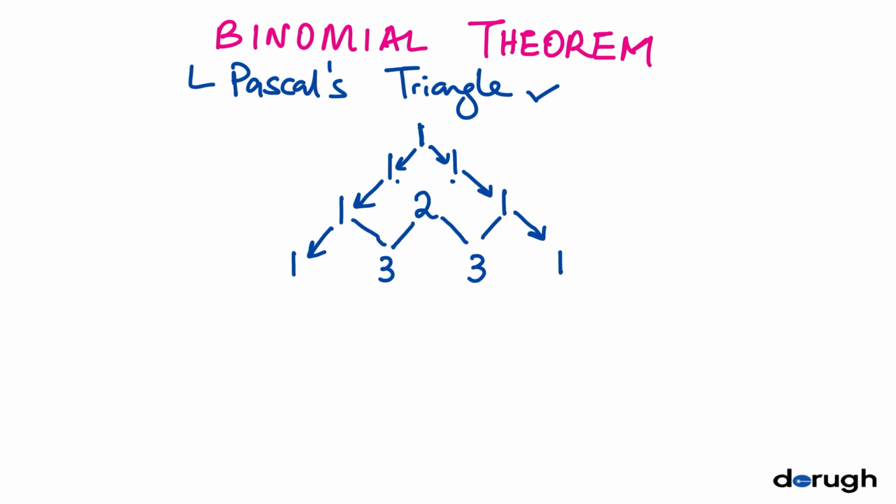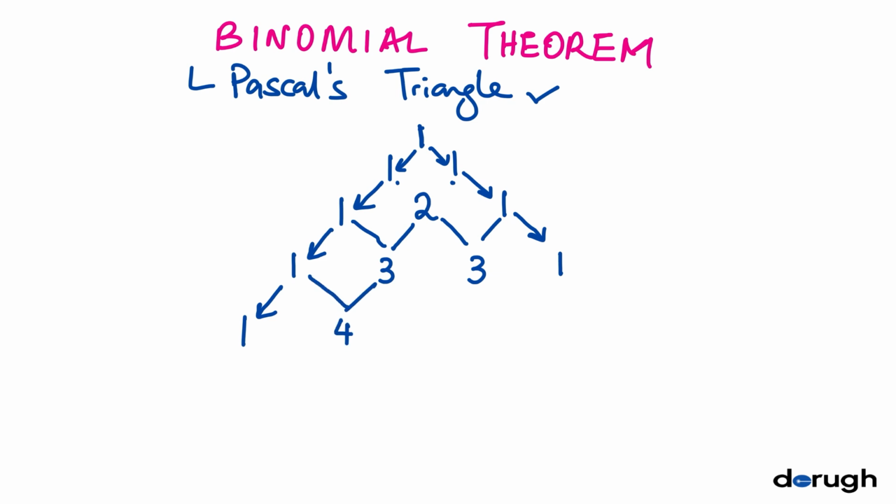Okay, welcome back. So for the next level, we have 1 plus nothing is 1. 1 plus 3 is 4. 3 plus 3 is 6. 3 plus 1 is 4. And 1 plus nothing is 1. As you can see, the deeper or the lower we go with the levels, the triangle forms more clearly.